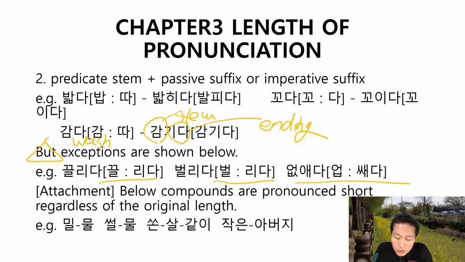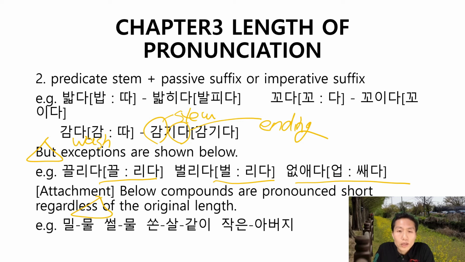Below compounds are pronounced short regardless of the original length. For example, 밀물, 썰물, 쏜살같이, 작은아버지. Okay, as I mentioned before, in terms of length of pronunciation, try not to memorize them. Even Koreans don't tend to distinguish them in terms of length unless it is necessary. So try not to memorize them. But just remember, there is a case, the length of pronunciation.